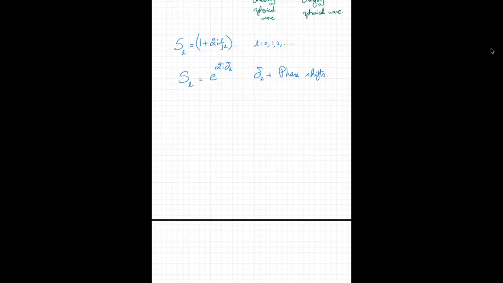Before I do that, let us look at the scattering amplitude f of theta. We wrote f of theta as a linear combination of the P_L of cosine theta in this particular fashion.